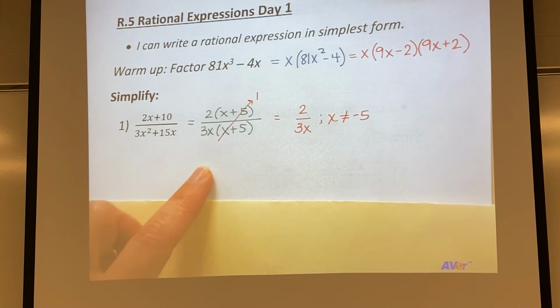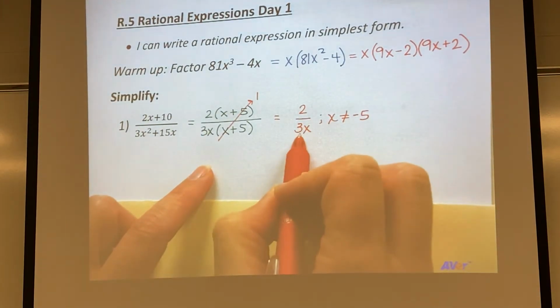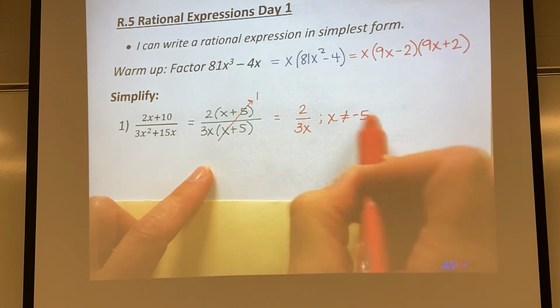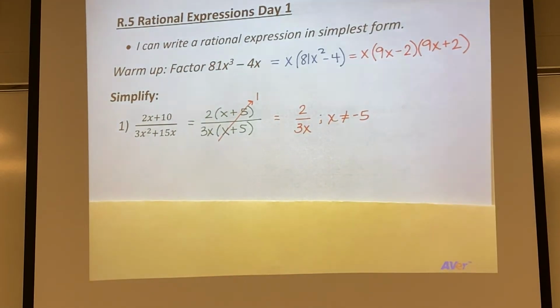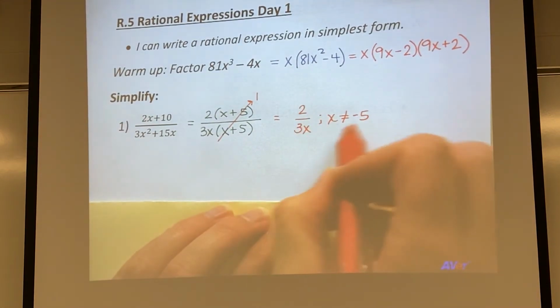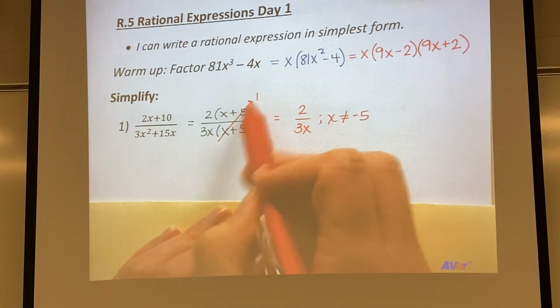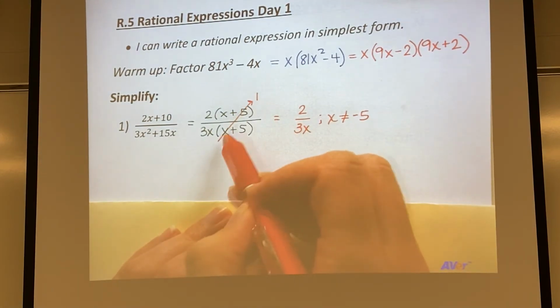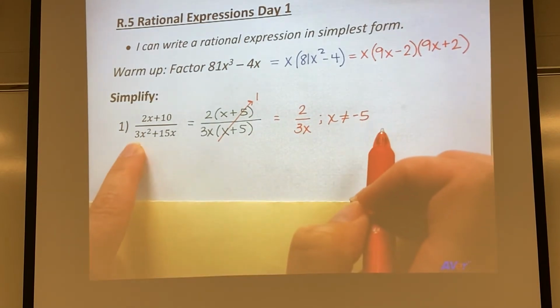Now some of you might be thinking, well, 0 would make our denominator 0 as well. 3 times 0 is 0. Do we need to write 0 here? And the short answer is no, because it's still obvious in the final answer. In this final answer, we can see that we can't have a denominator of 0. But since we removed these x plus 5s, we can't see that negative 5 was not good in our original.